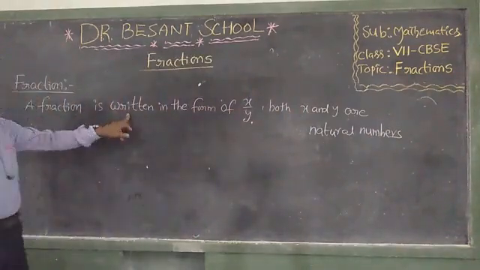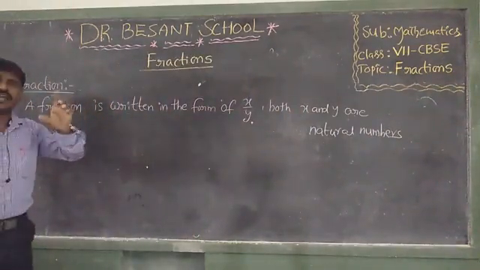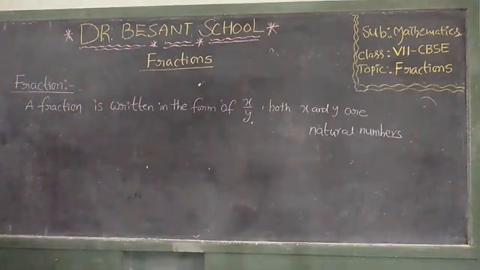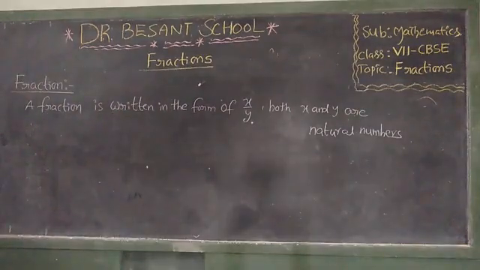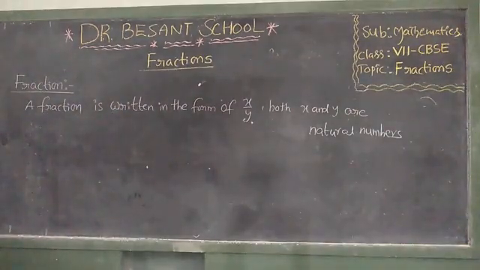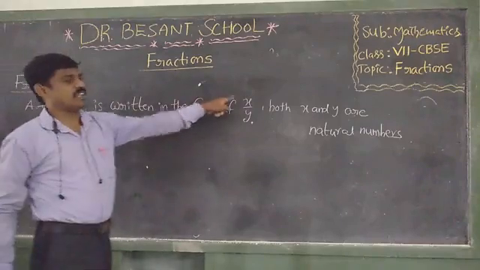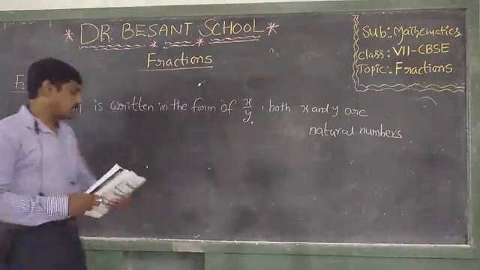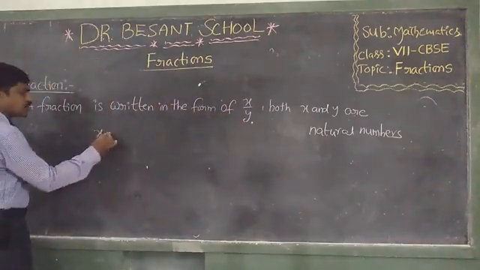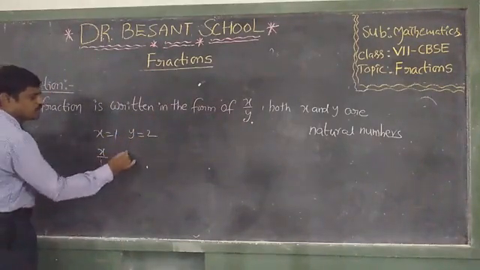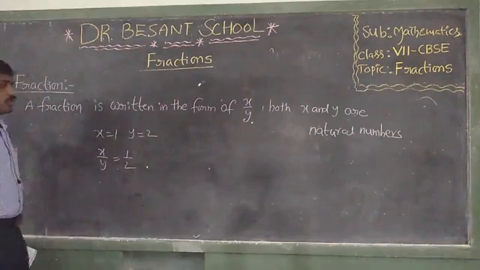Generally in lower classes we learned a fraction is a part of a whole, but in this class we learn this definition: a fraction is written in the form of x by y. Suppose x is equal to 1, y is equal to 2, then x by y is equal to what? 1 by 2.